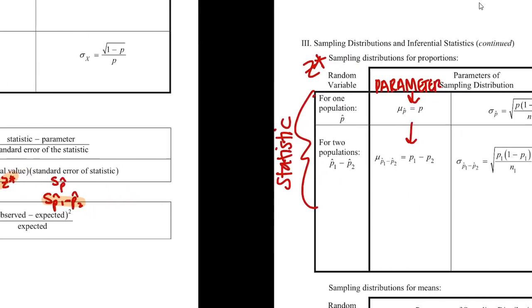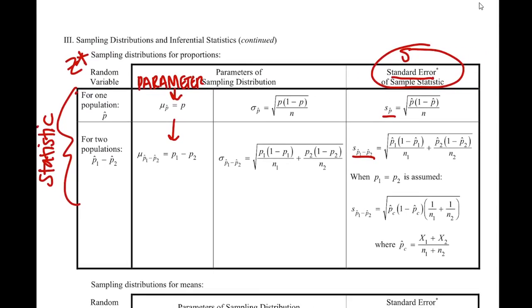So when we look at the next page, we have our statistic, our parameter, which is always 0 for a test. And then we have our standard error, and this is right here when p1 equals p2 is assumed.